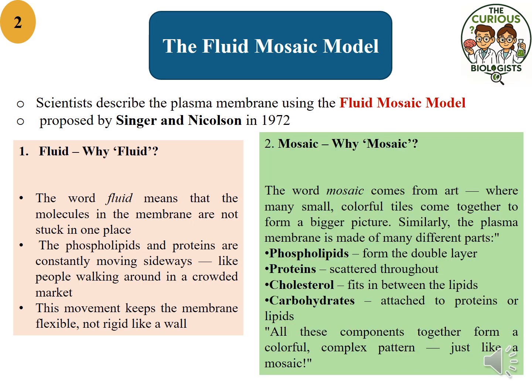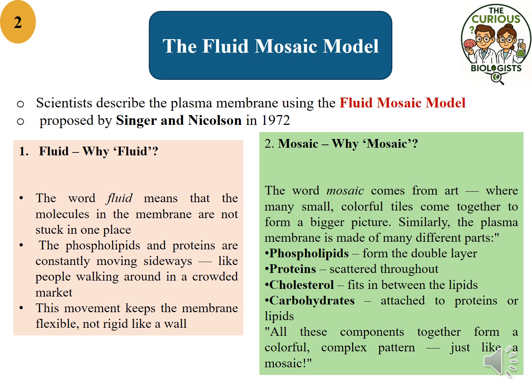The next word is mosaic. This word comes from art, where many small, colorful tiles come together to form a bigger picture. Similarly to this, the plasma membrane is made up of many different components. Phospholipid is a major component which is forming the double layer. The proteins are scattered throughout.